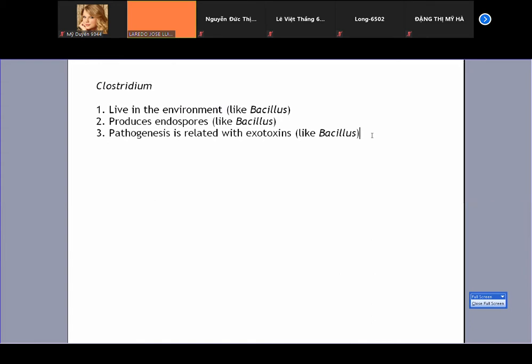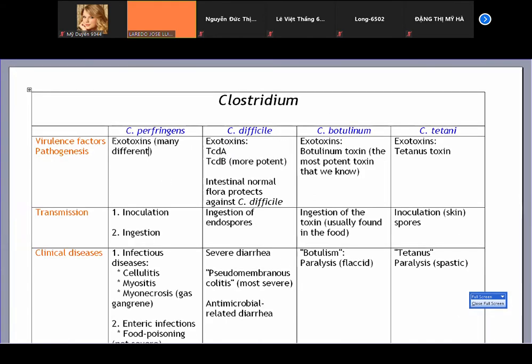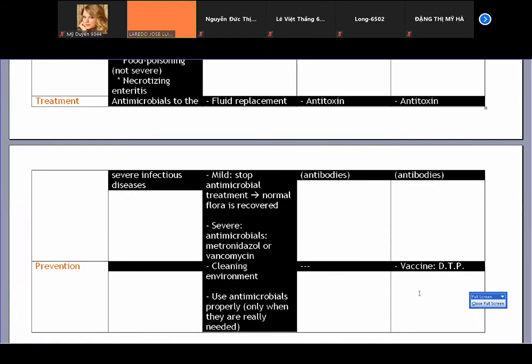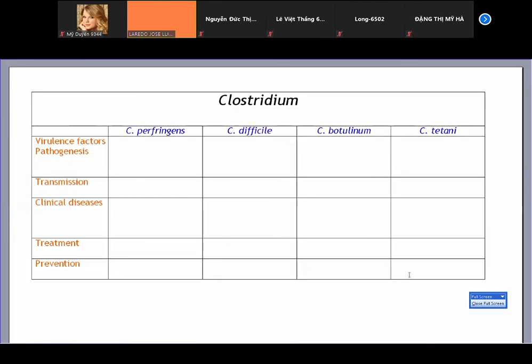We are going to study 4. And to study this Clostridium, we are going to study inside a table like this. We are going to fill this table with the 4 species, Clostridium perfringens, Clostridium difficile, Clostridium botulinum, and Clostridium tetani.